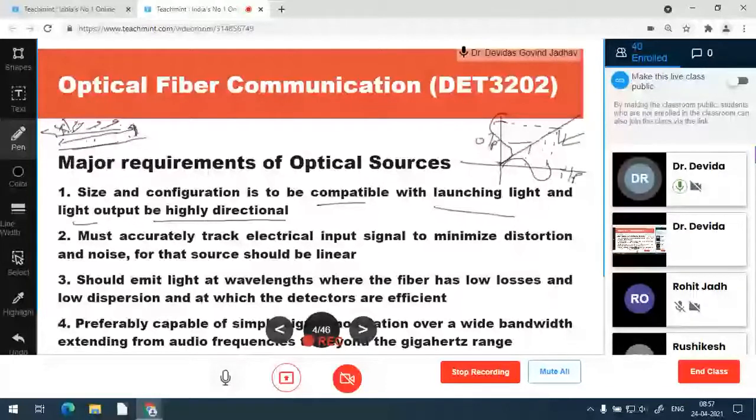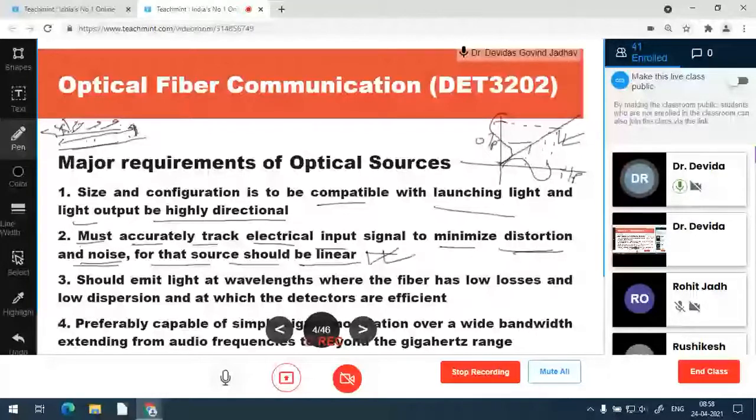So the source must accurately track the electrical input and signal, with minimum distortion and minimum noise. For that, the source should be linear. So it must accurately track the electrical input. That means the source should be linear, and it should introduce minimum distortion and minimum noise into the output. Output is optical energy.